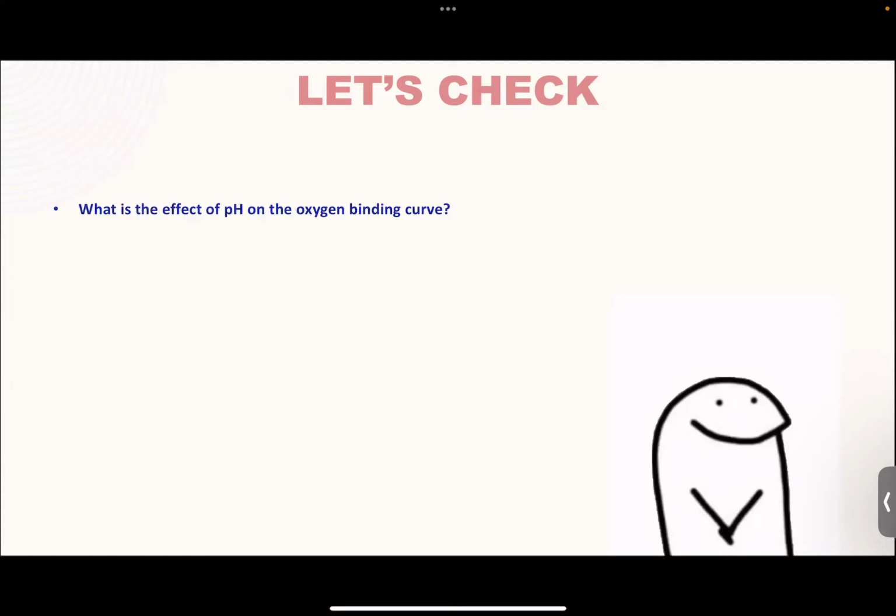Increase in pH, shift to the left. Yeah, that's right. What about decrease? Perfect. Okay. How does CO2 indirectly affect the affinity? What does the CO2 do that will decrease the affinity? Yep, that's right.